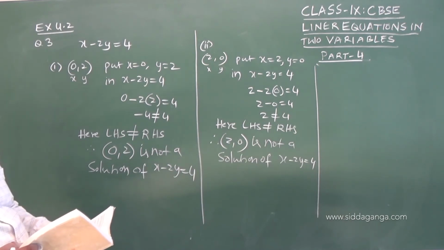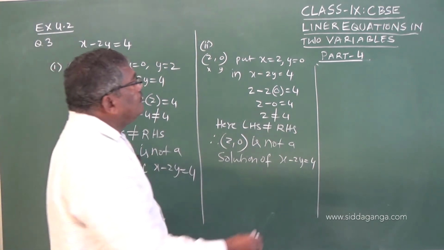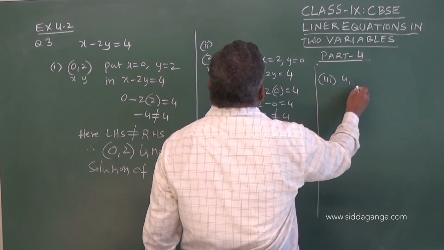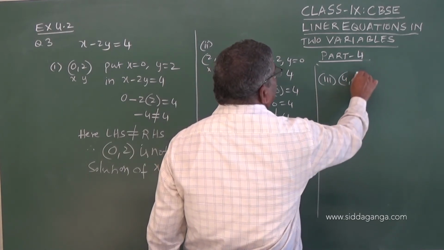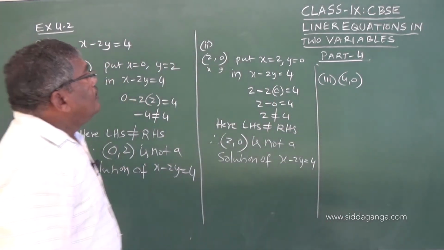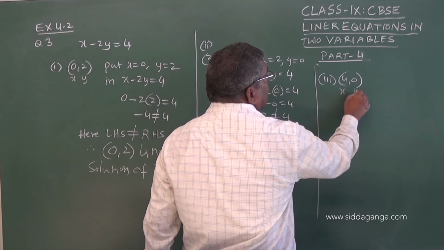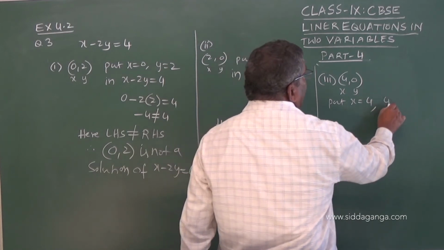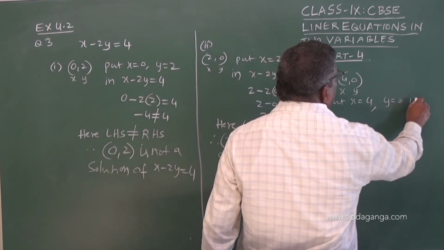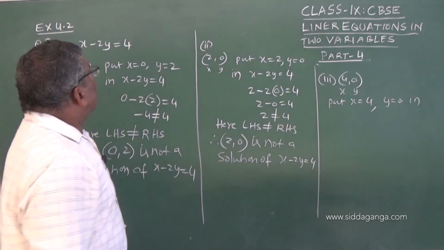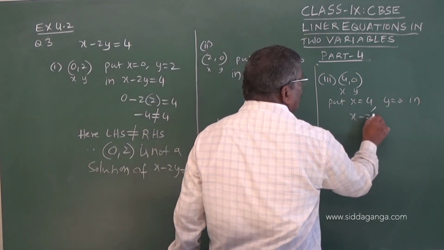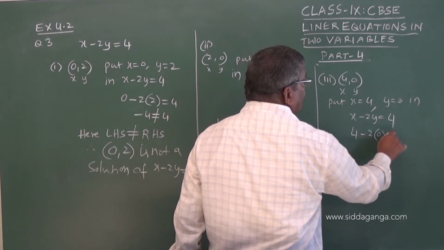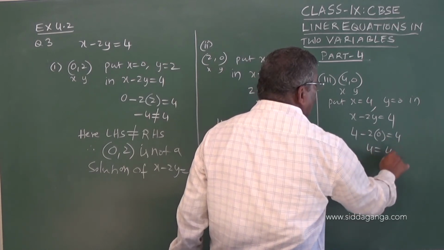Now, third one, (4, 0). You have to check with (4, 0). This is x, this is y. Put x equals 4, y equals 0 in x minus 2y equals 4. So 4 minus 2 into 0 equals 4, 4 equals 4.